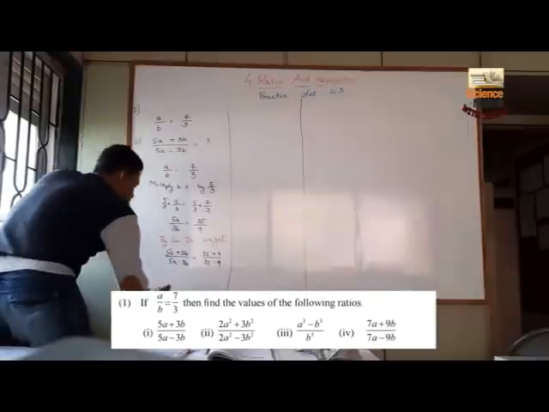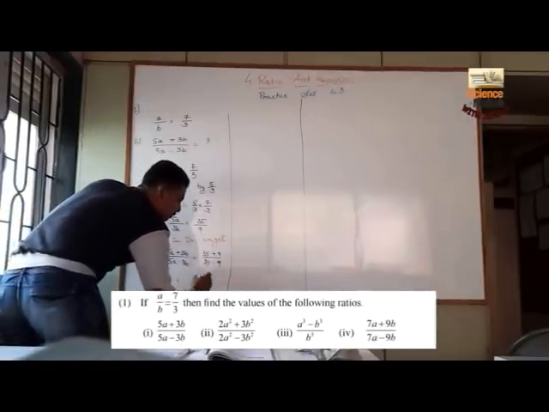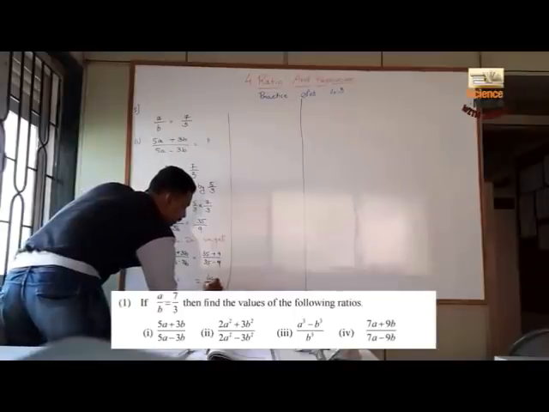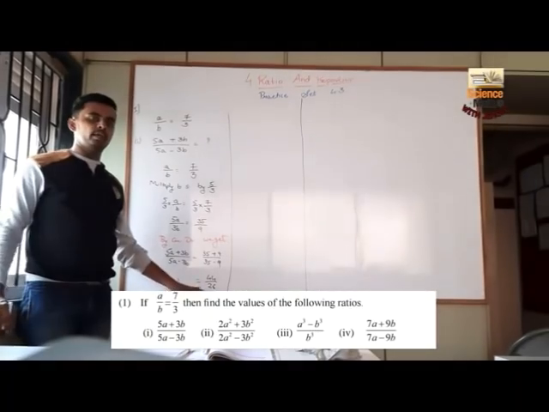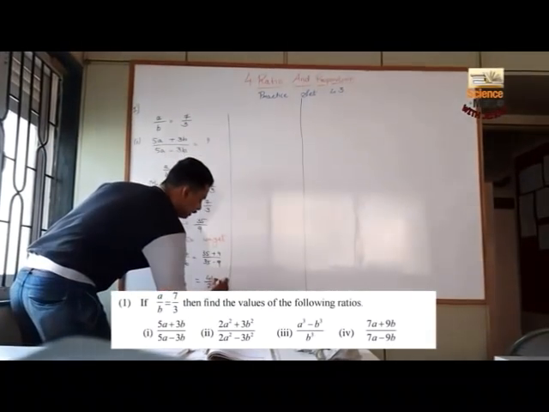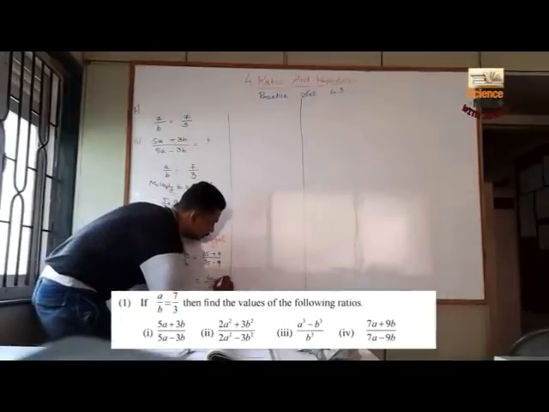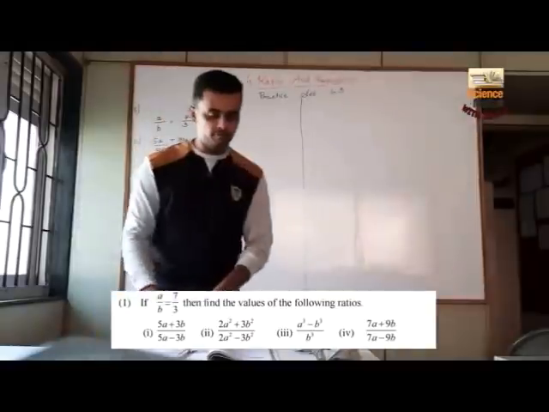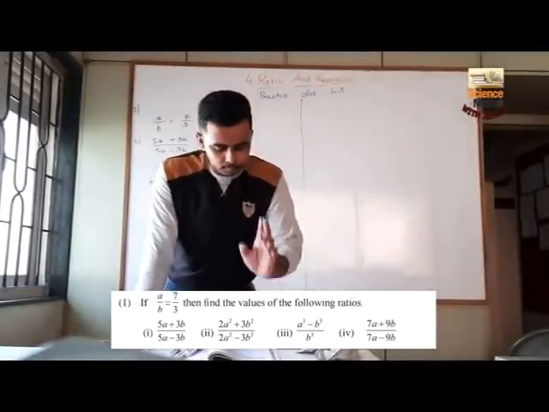Hence, the final answer is 35 plus 9 is 44 divided by 26, which you can further divide by 2 and get 22 upon 13. So my final answer is 22 upon 13. This is how I found the first sub-question in the first question of this practice set.